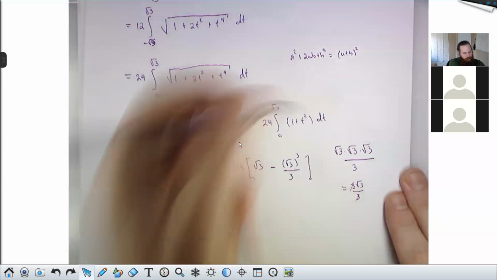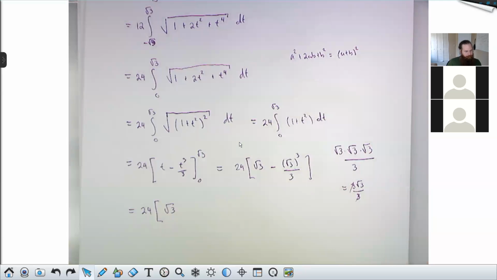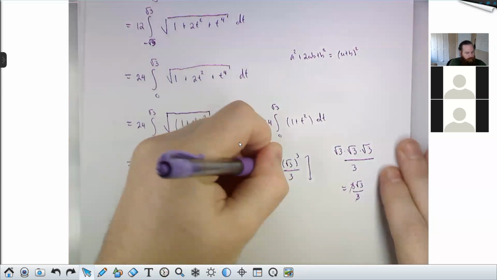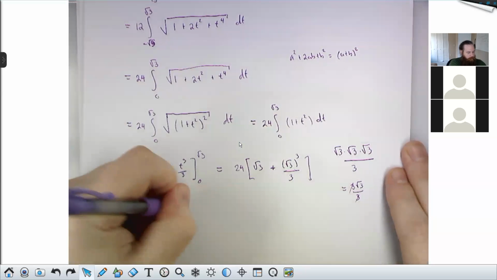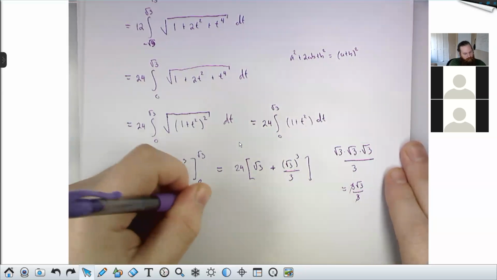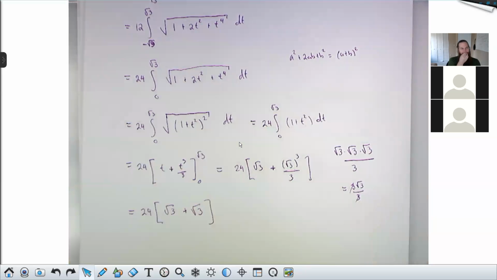You can cancel, cancel. Oh, thank you. This is a plus. Thank you, thank you. I got scared for a minute there. Okay, plus root 3. Thanks, Maggie. Yeah. There's no reason for that plus to become a minus when we integrate. That's a plus. All right, much better.